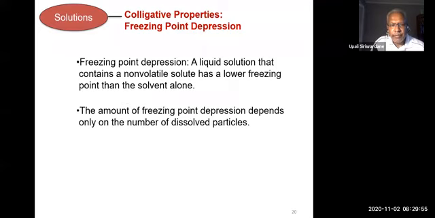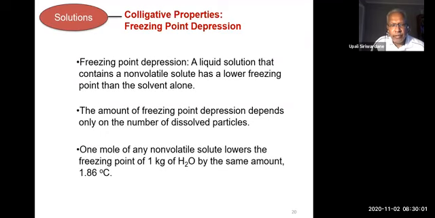The amount of freezing point depression depends on the number of particles dissolved in the solution. 1 mole of any non-volatile solute lowers the freezing point of 1 kilogram of water by the same amount. So this is similar to boiling point elevation, but a different effect.